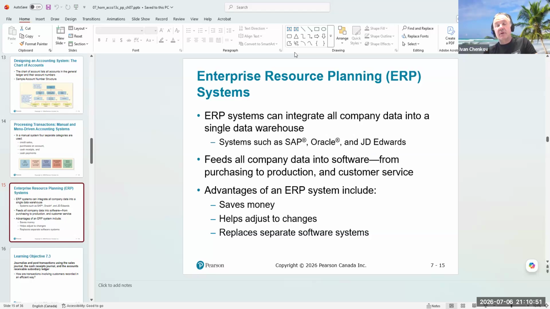Once you finish accounting, you can specialize only in the implementation of accounting software. And usually the companies selling accounting software or enterprise resource planning systems are looking for professionals, accountants, to help them implement that system.